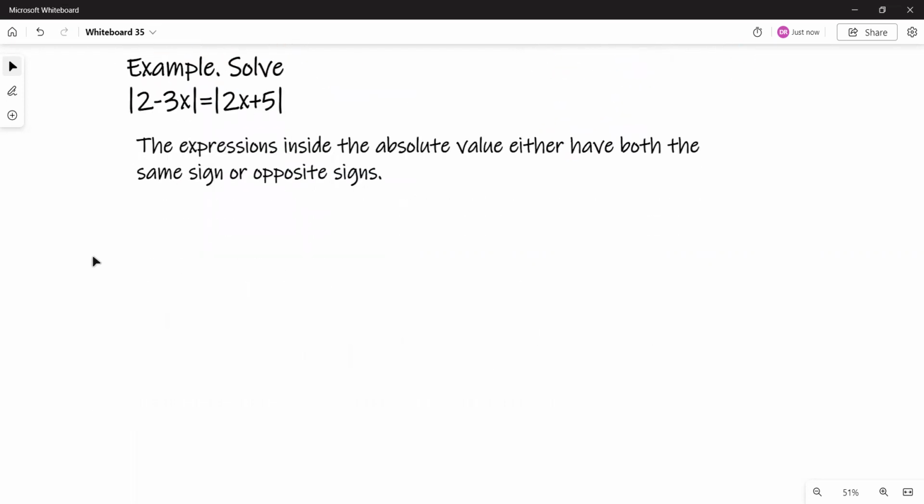So we're going to have two cases. 2 minus 3x equals 2x plus 5, or 2 minus 3x equals the opposite of 2x plus 5.